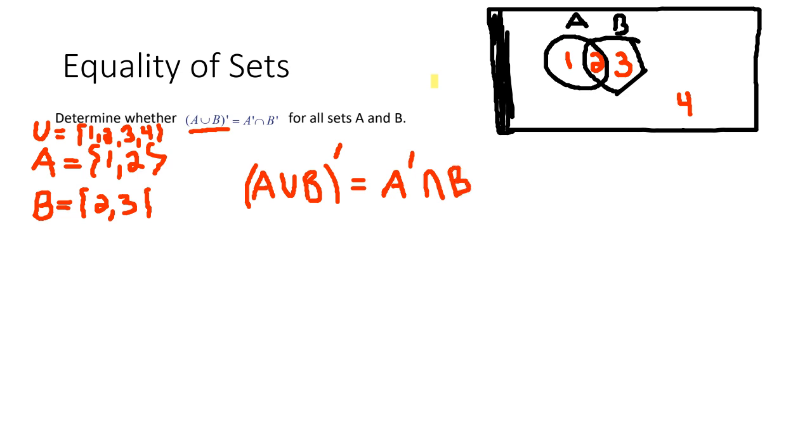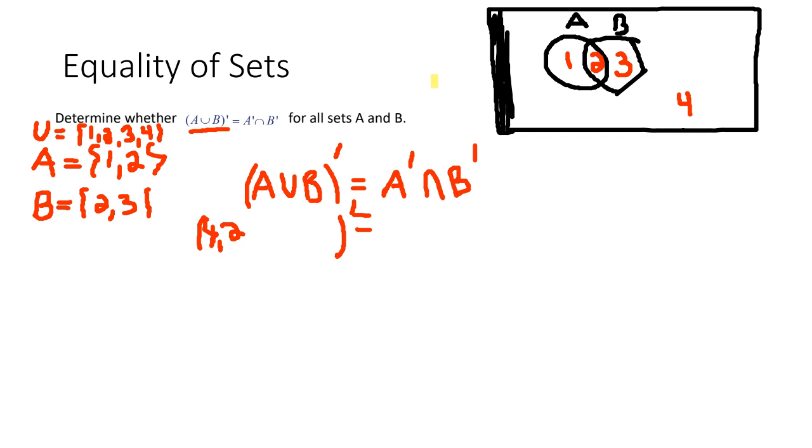So now I want to work with the inside of my parentheses first. So we have A union B. So A union B means that I'm going to put everything in A, which is 1 and 2. And let me squeeze in my symbol for, let me see, where's the eraser?